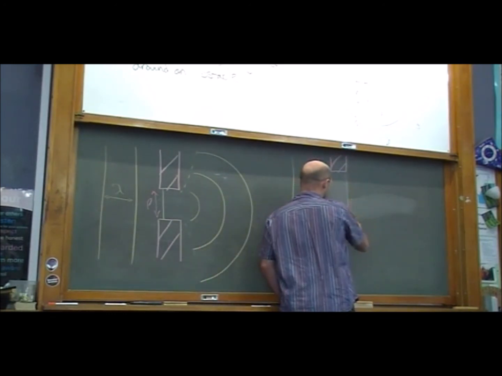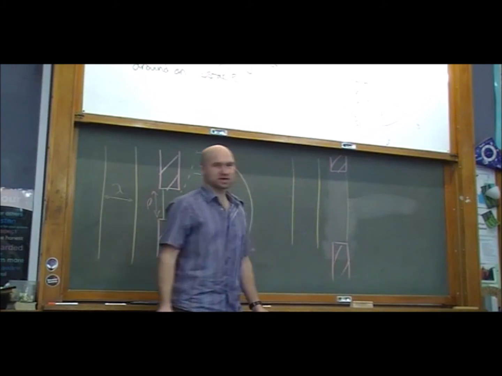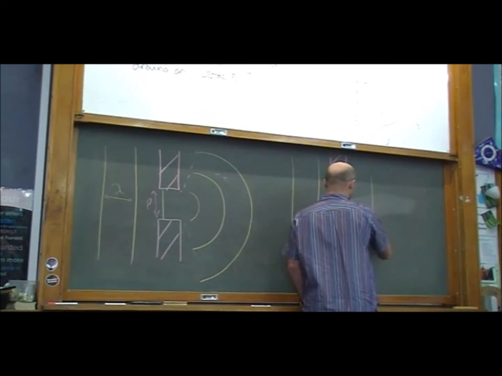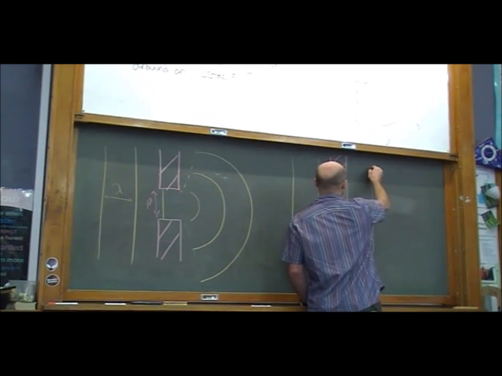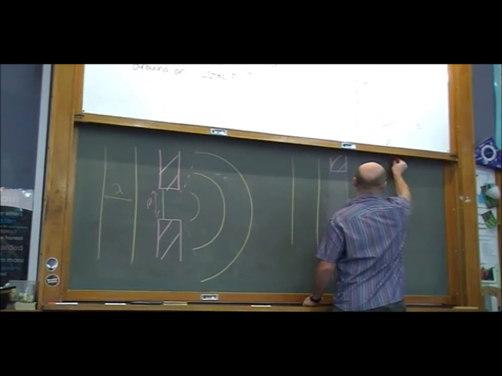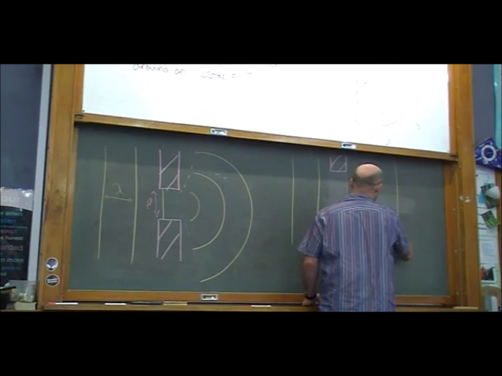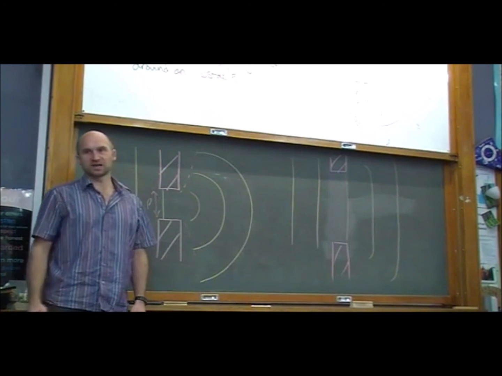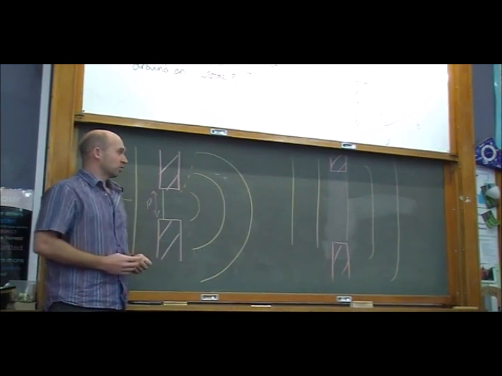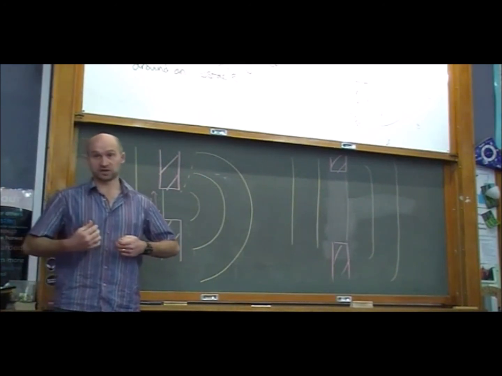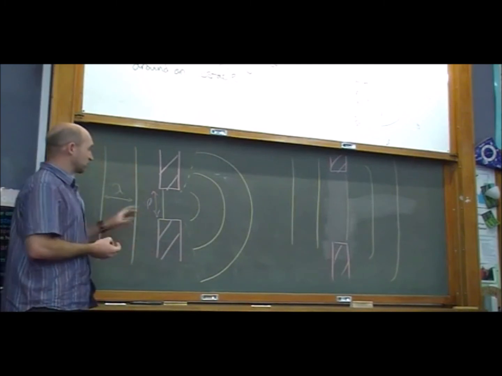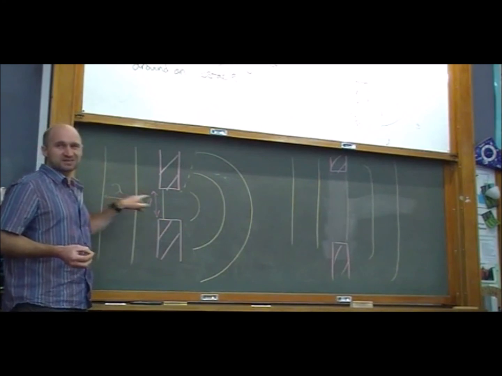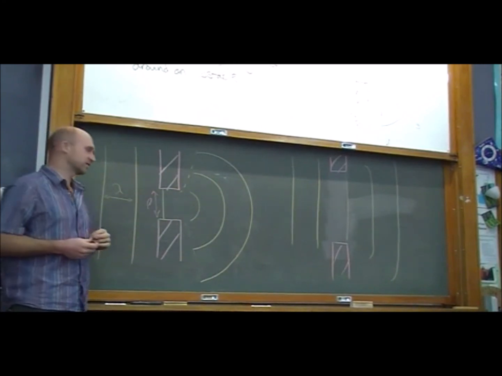And if we make the slit really big compared to the wavelength, we're going to get a little bit happening at the edge, but most of our wave energy is just going to carry on straight ahead without any noticeable diffraction. So to get good diffraction, it's really important that the size of the wave is similar to the size of the obstacle.